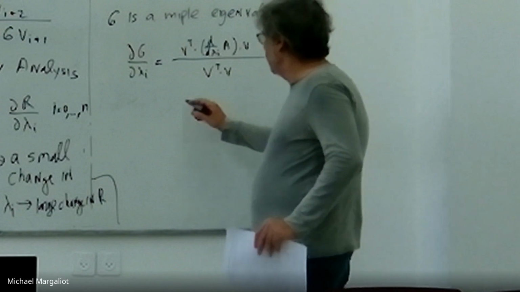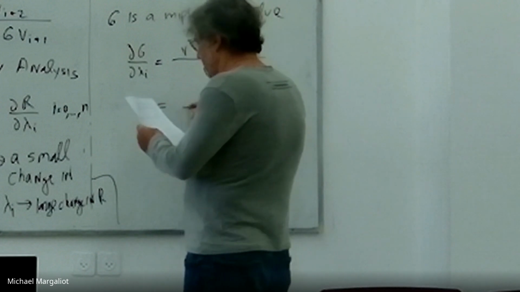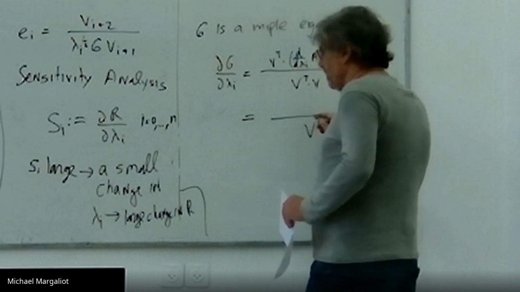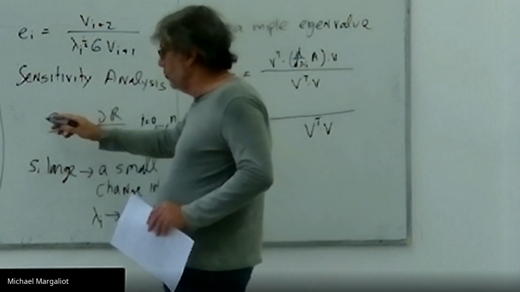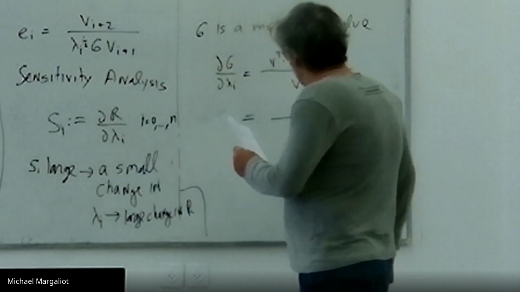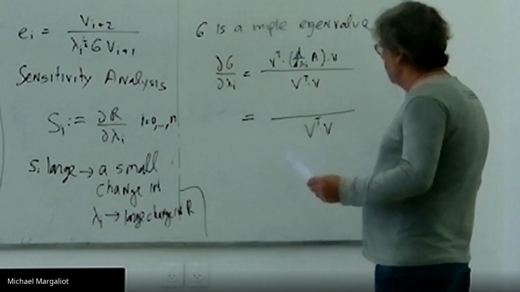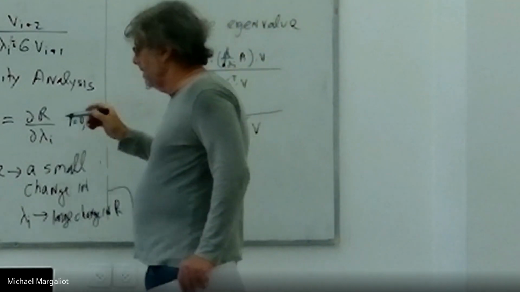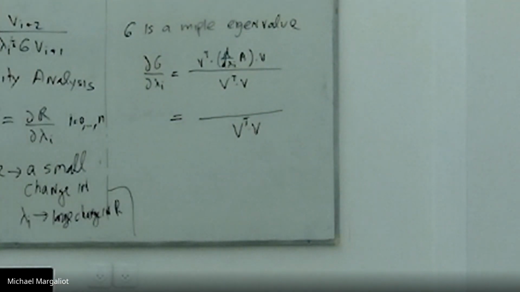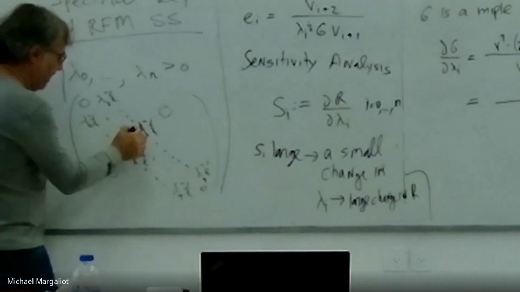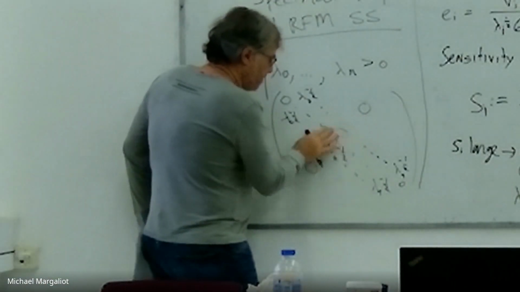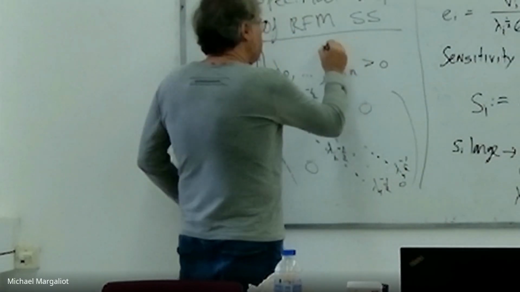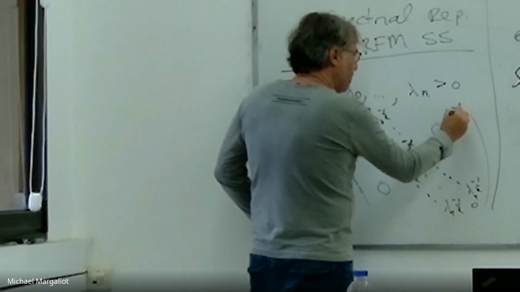Now, I can substitute everything here. V transpose I keep; V is the corresponding eigenvector. V here I keep, and I know what happens when I differentiate A by lambda i. I had lambda i to the power minus half.